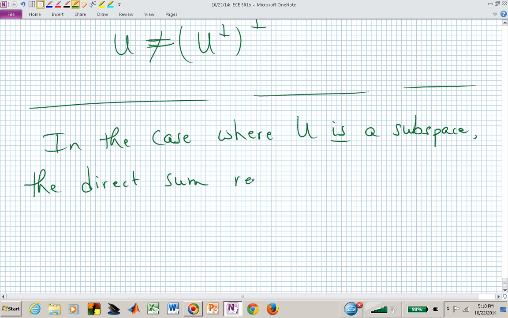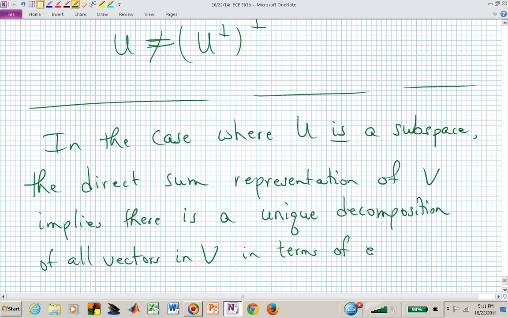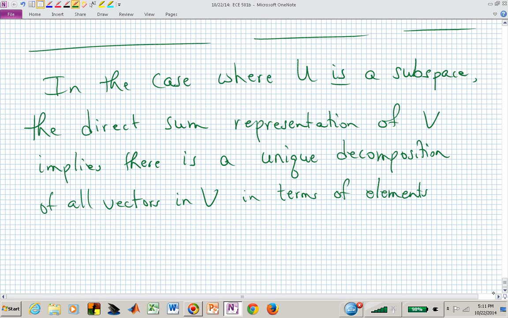The direct sum representation of V implies there is a unique decomposition of all vectors in V in terms of elements in these orthogonal subspaces.